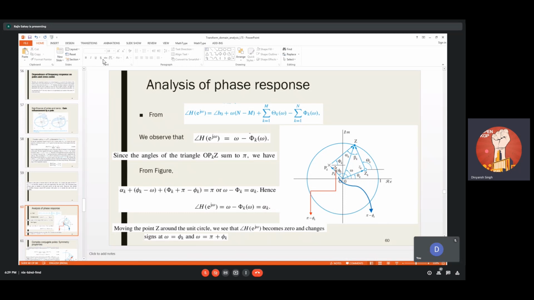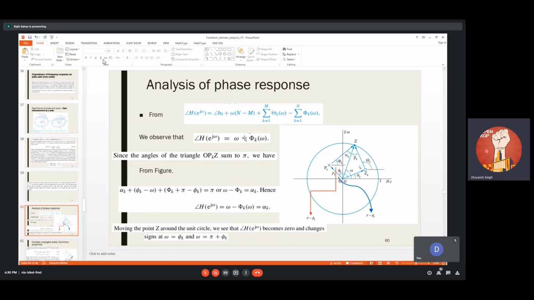Whatever is shown with the red arrow is equal to pi. So we cancel our terms and get omega minus capital phi k equal to alpha k. So alpha k here is the angle between PKZ and OZ, and that turns out to be omega minus phi k. So this is the way to prove it.